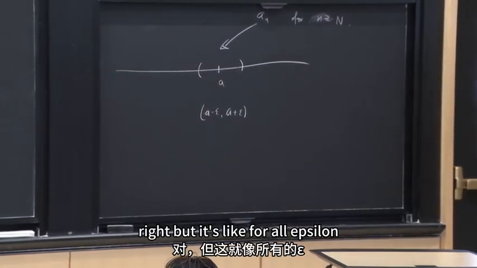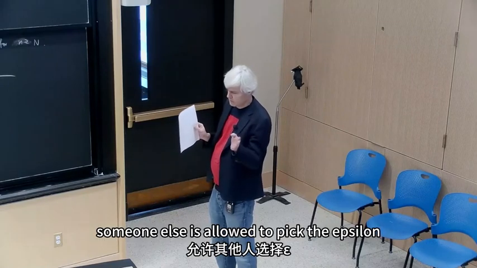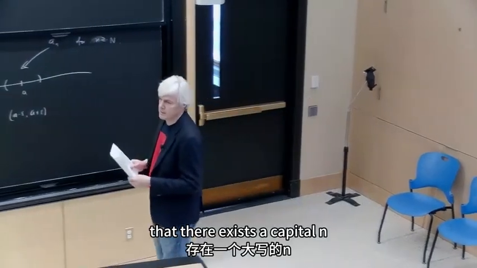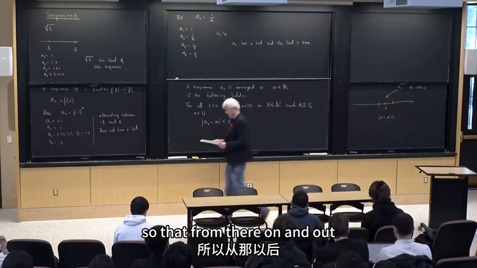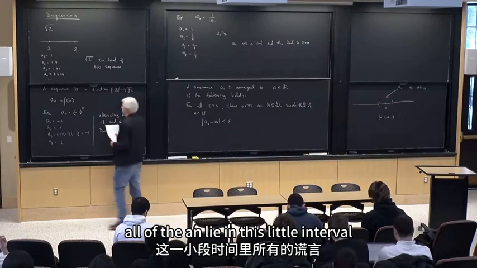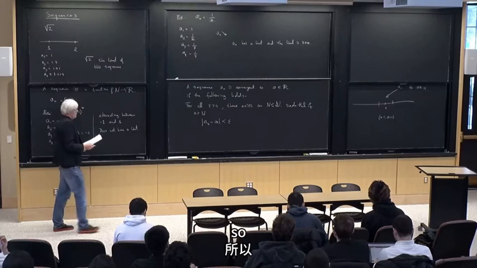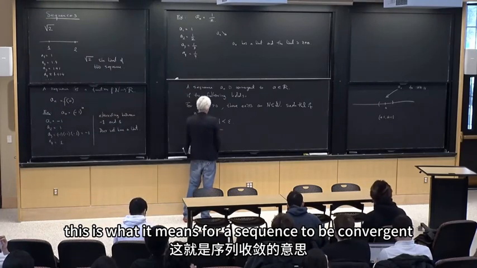But it's for all epsilon. So someone else is allowed to pick the epsilon, and then you have to prove that there exists a capital N, so that from there on out, all of the a_n lie in this little interval. So this is what it means for a sequence to be convergent.